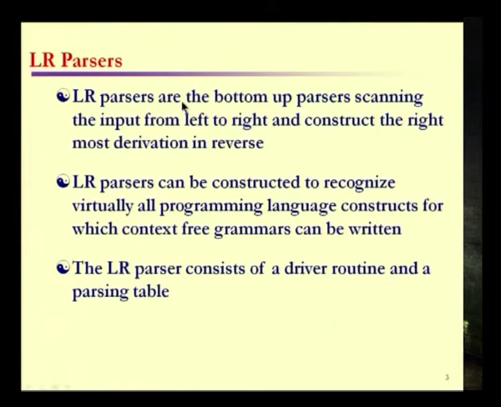Every bottom-up parser constructs only the rightmost derivation, whereas top-down parsers construct the leftmost derivation. In the case of LR parsers, they are more efficient, and the first L stands for left-to-right scanning of the input, and the R stands for the rightmost derivation being used for parsing.